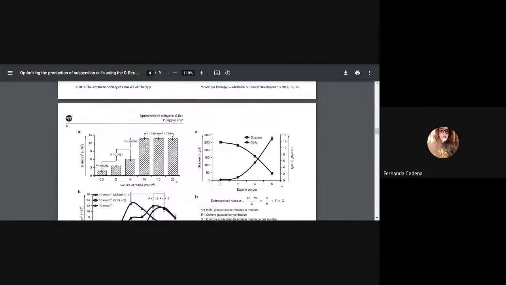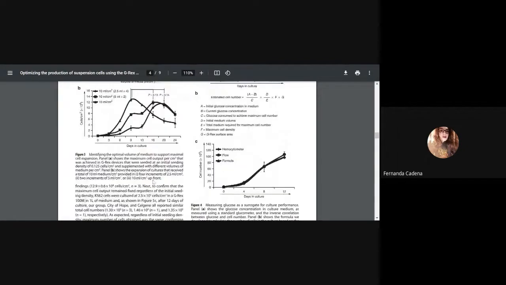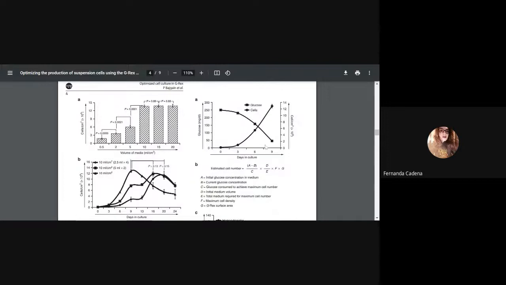The next experiment that they made was to measure glucose as a surrogate for culture performance. So in this case, we can see in A that the glucose concentration in culture medium, which they measured using a standard glucometer, shows an inverse correlation between the cell number and the glucose concentration.